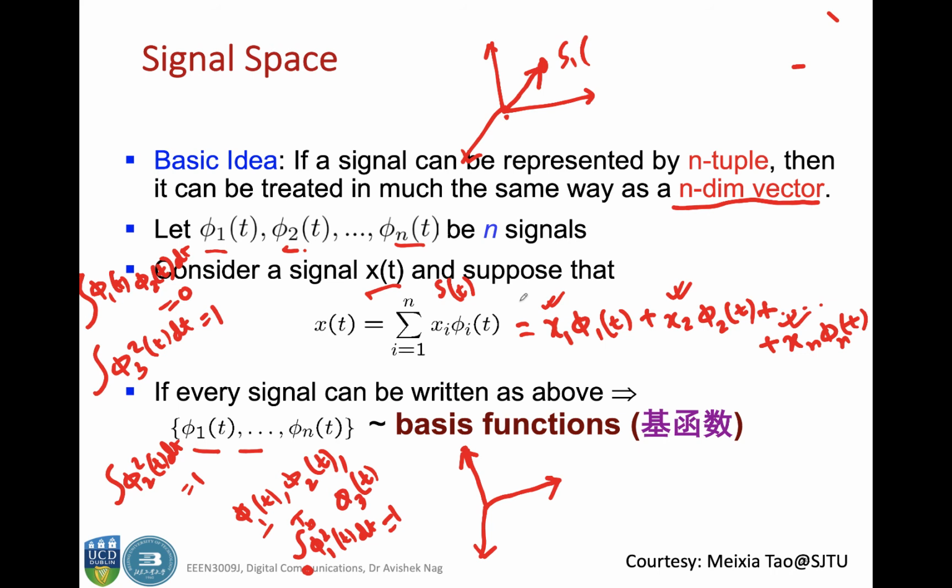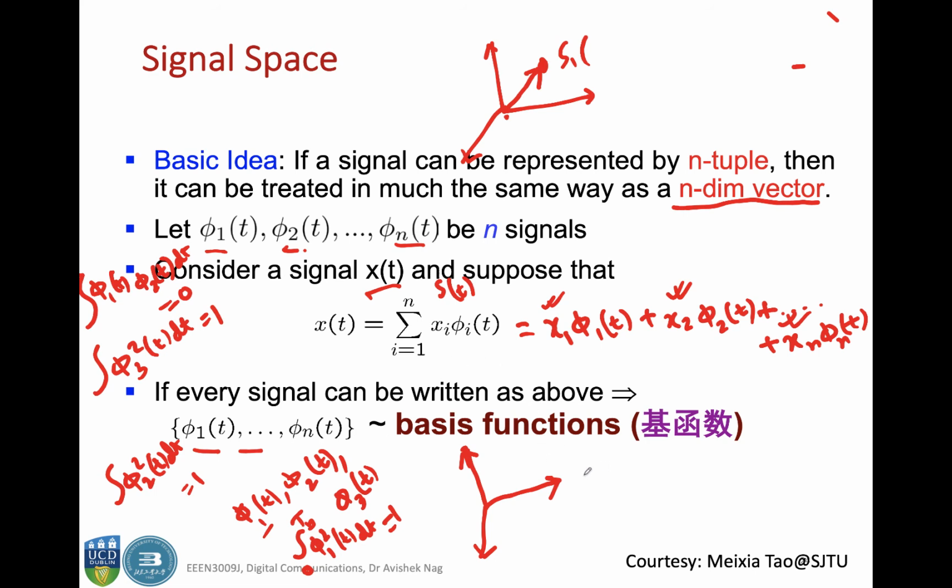So if you can make sure that you find three signals, phi1, phi2, phi3, and if you can ensure that their energy is equal to 1, the integral of phi1 square dt is 1, similarly for phi2 and phi3, and if you also ensure that the integrated products of phi1, phi2 are 0, then you can say that phi1, phi2, phi3 are orthonormal to each other.